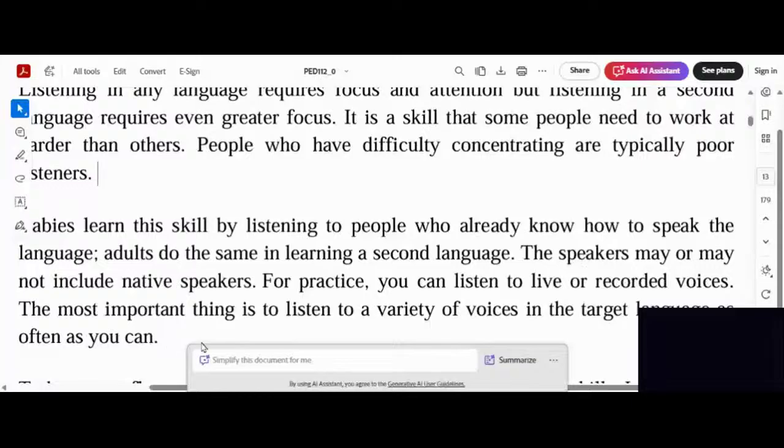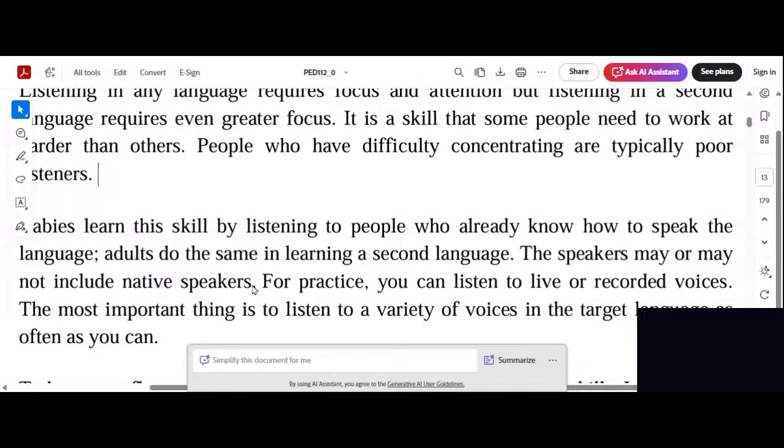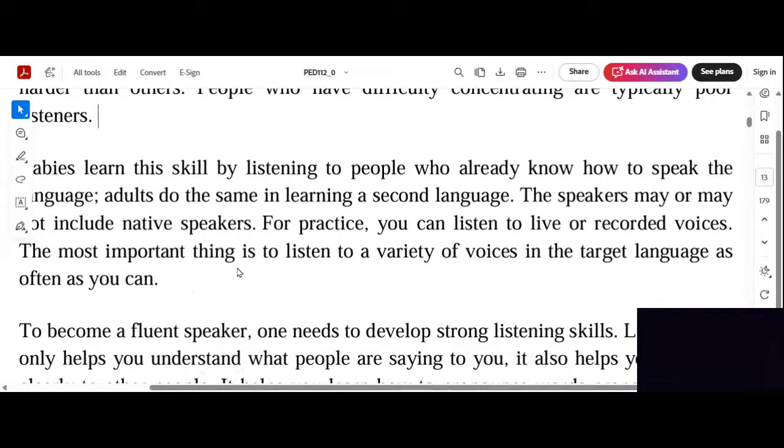The most important thing is to listen to a variety of voices in the target language as often as possible. If you want to learn English now, you have to listen to somebody who can speak fluently in a British accent, somebody who can speak in a local accent, somebody who can speak in an American accent. The more you listen to different people in that same language, the better you are going to blend into the language.